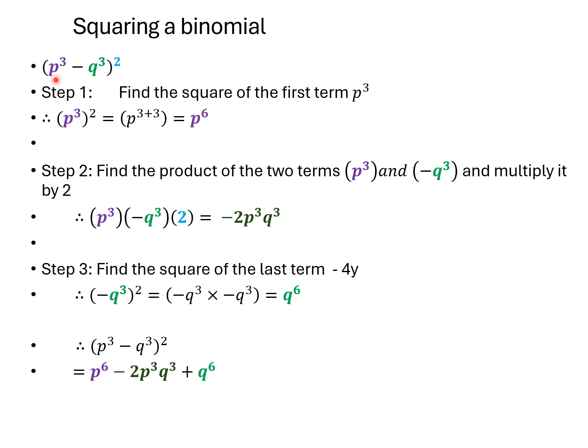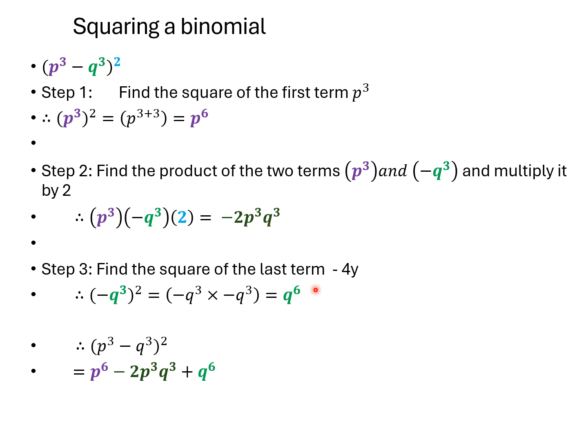For the middle term, there's a 1 in front there and a 1 there, so 1 times negative 1 gives me negative 1, times 2 gives me negative 2. And then I have p cubed q cubed, so p cubed times negative q cubed times 2 gives me negative 2p cubed q cubed.